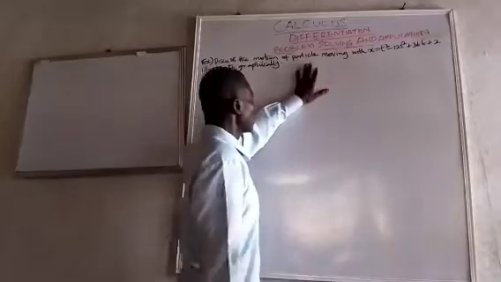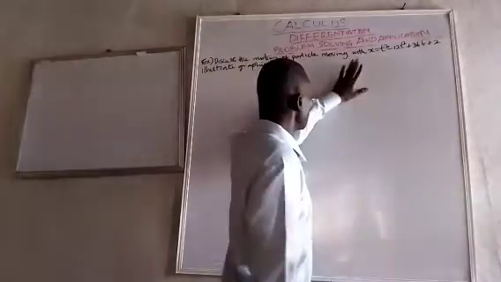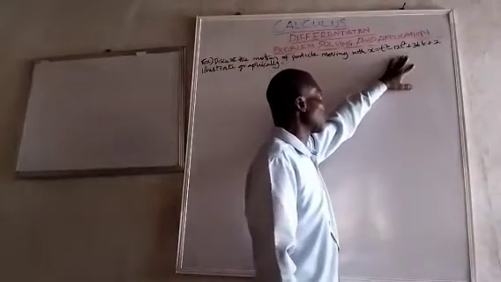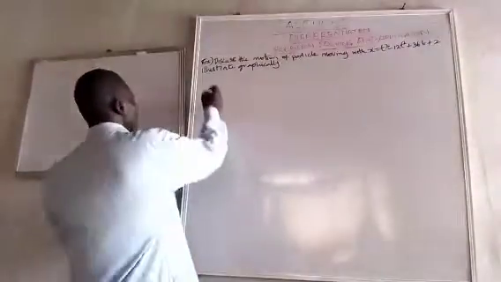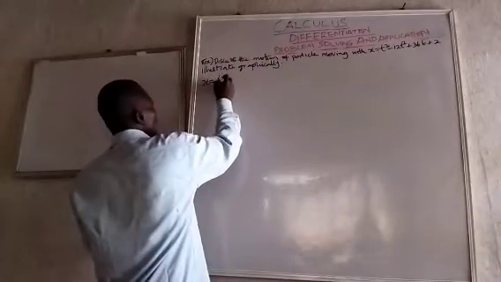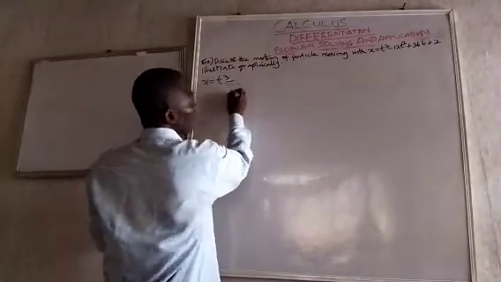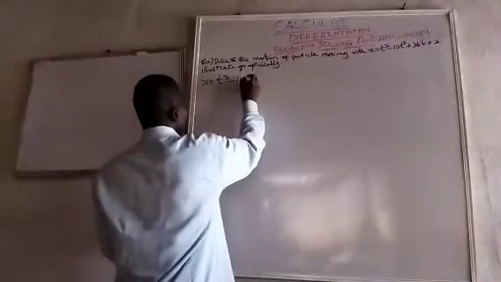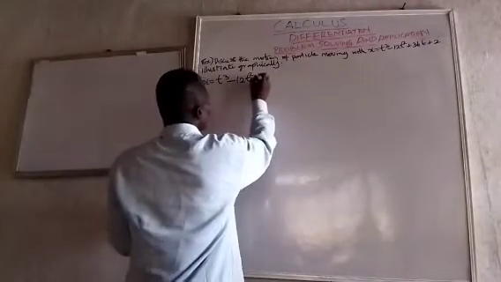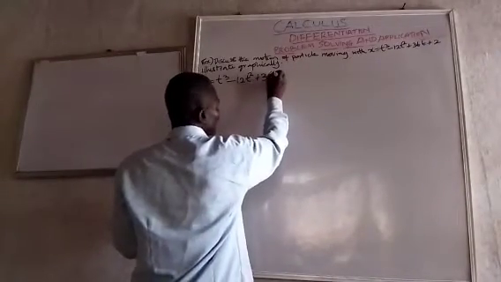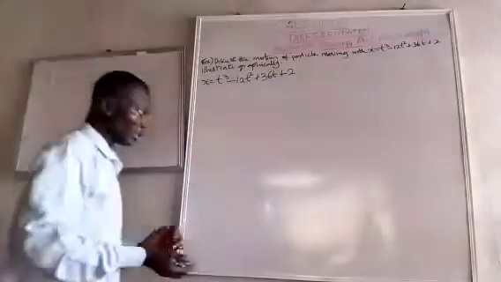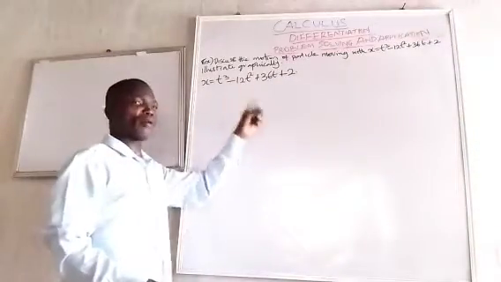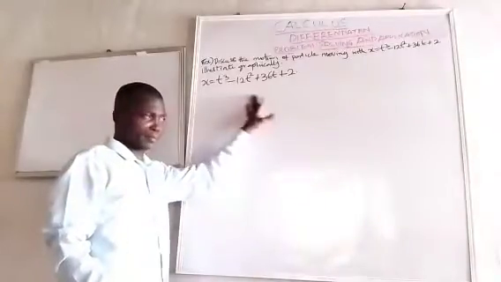We have to discuss the motion of a particle moving with x equals t cubed minus 12t squared plus 36t plus 2. Which means that its distance from a point is described by this.